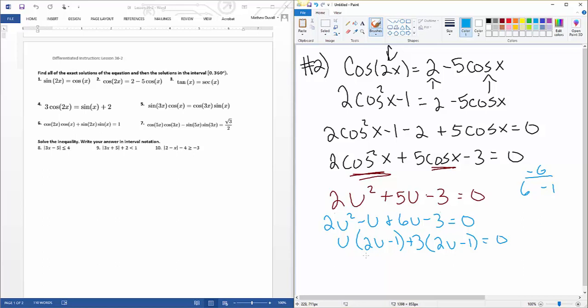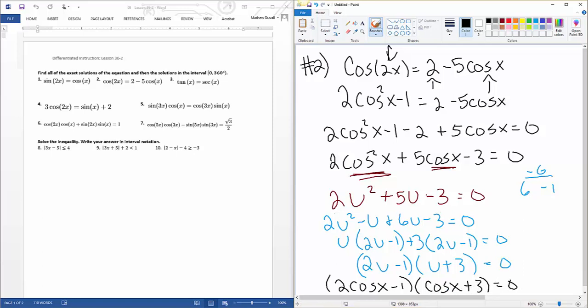Well, all right, I'll finish the last step. 2u minus 1, u plus 3, and this all equals 0. And so now I can replace the u's back with cosines. So this is going to be 2 cosine x minus 1 and cosine x plus 3 equals 0.